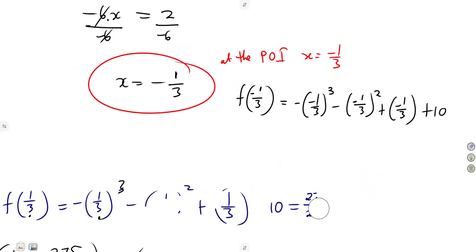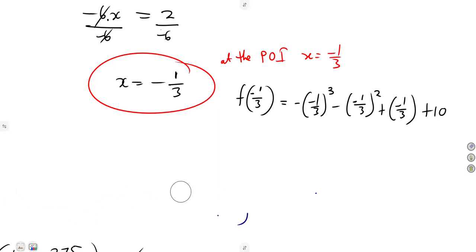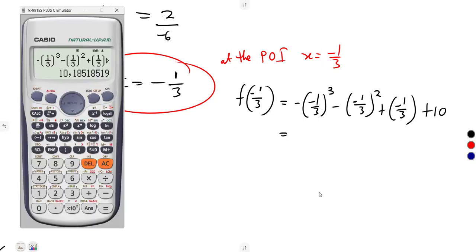In place of x this time, you substitute minus a third, the value of x that you're having at the point of inflection. So that was the condition. Here I'm just going to put a negative, minus a third.